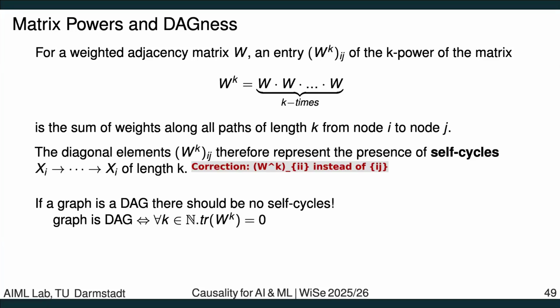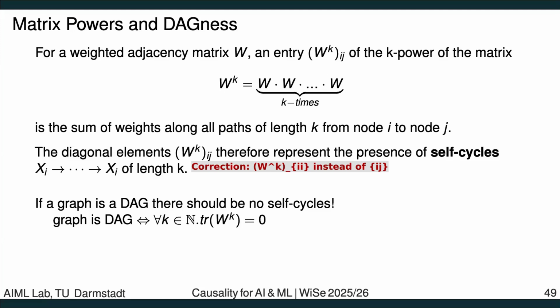So what we can now do is, if this power of a matrix tells us all the paths from one variable onto the other, why don't we look at the diagonal elements, which I, for some reason, wrote as ij, but it is actually i, i. So it's the diagonal, which then tells us the self cycles, right?